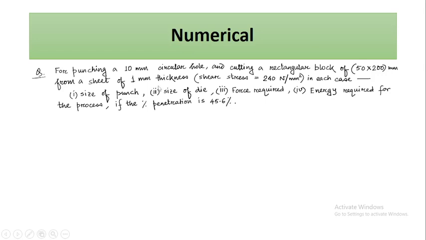The thickness of the sheet is 1 mm and the shear stress of the sheet is given as 240 Newton per millimeter square. You need to find out the size of the punch, the size of the die, the force required, and the energy required for the process.